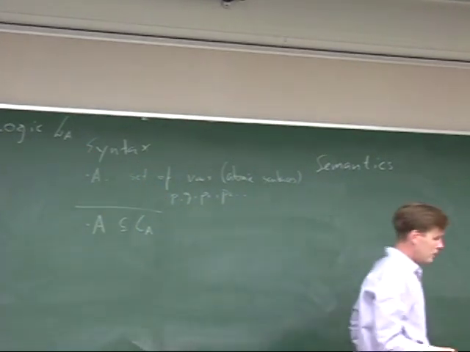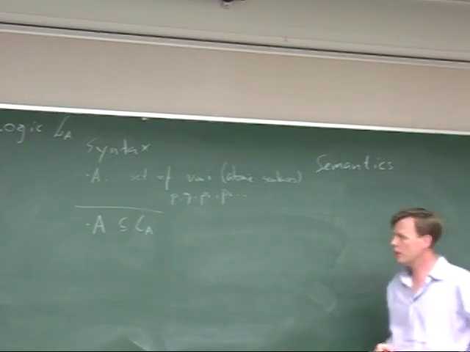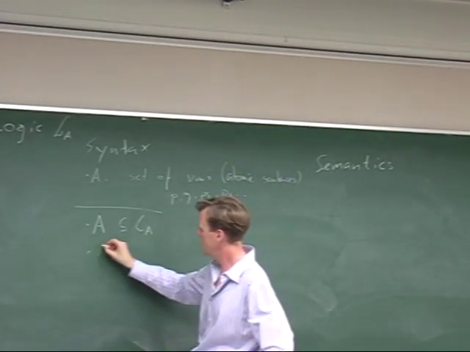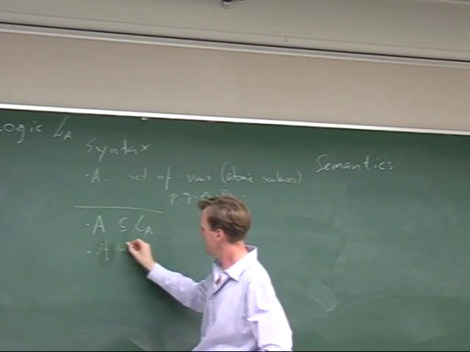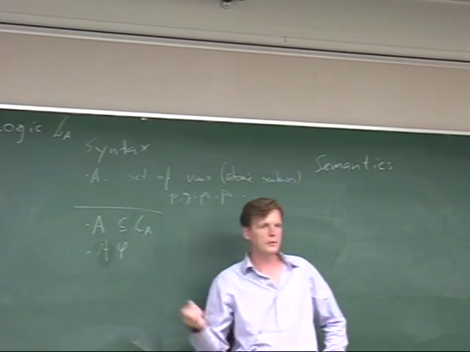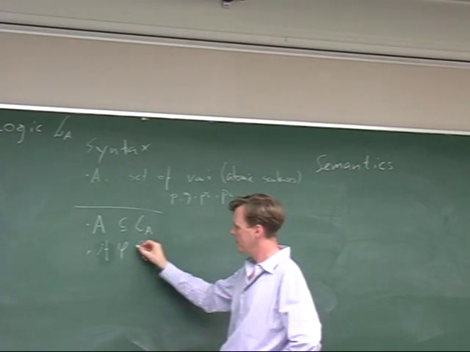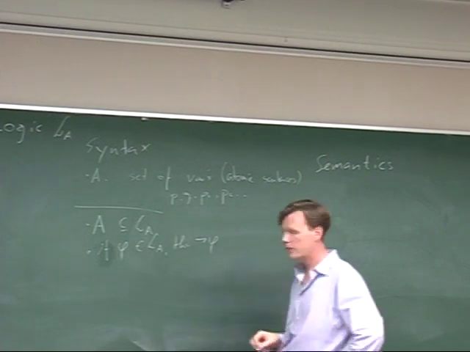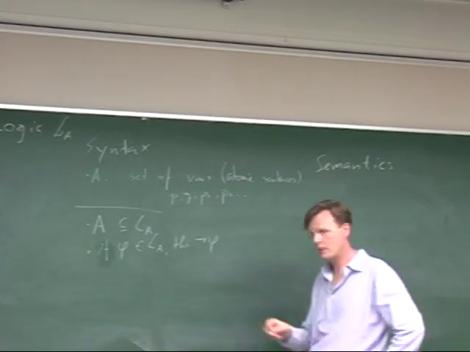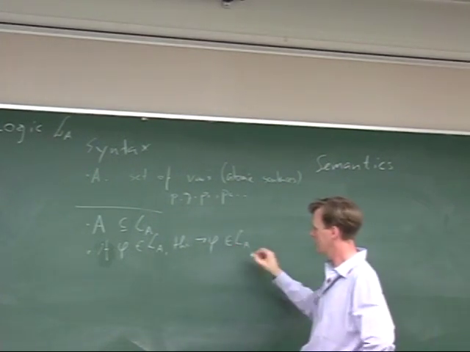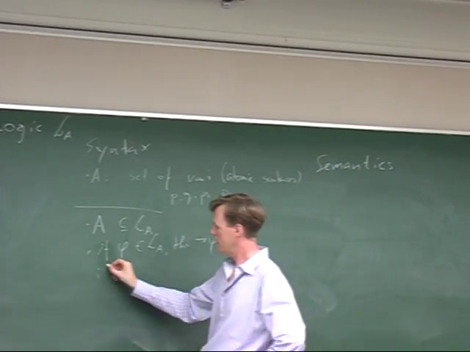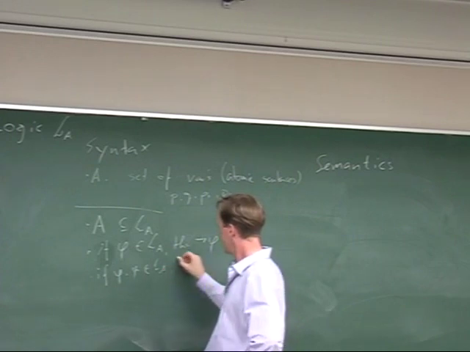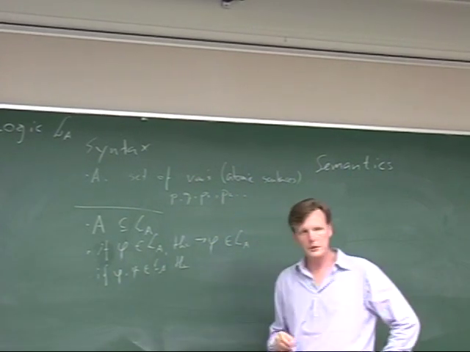Okay, and then for every sentence in the language, let's say if phi, some sentence, right, is in this language, then its negation is in the language. And if we have two sentences, phi psi, then various other expressions are in there.